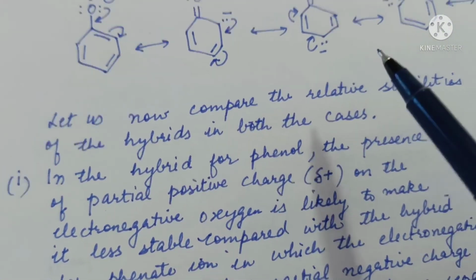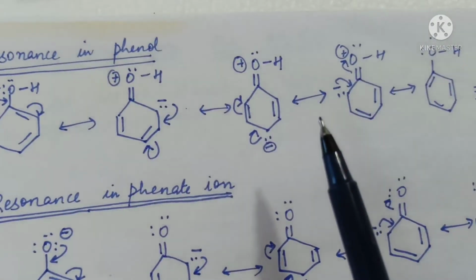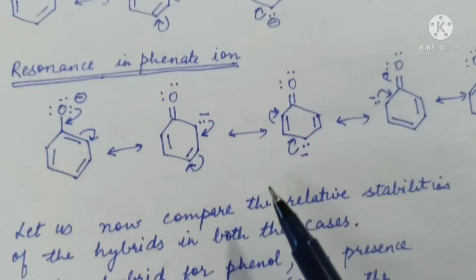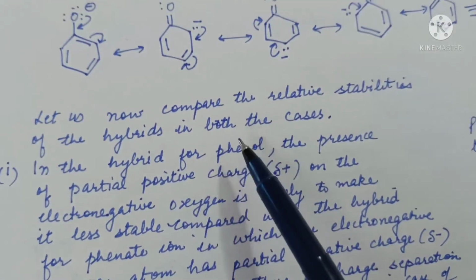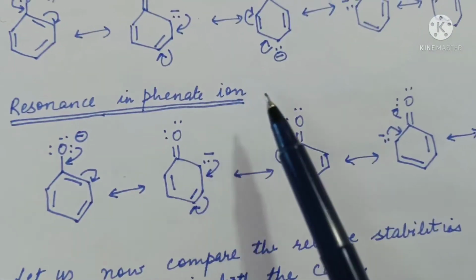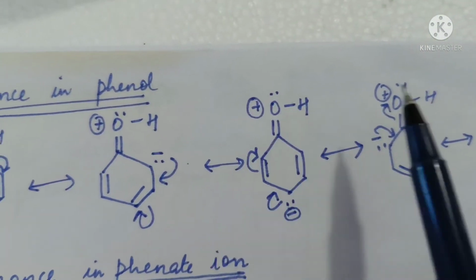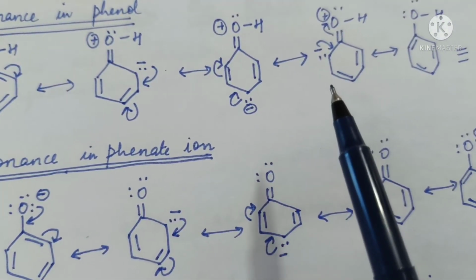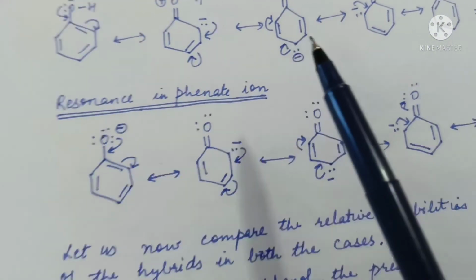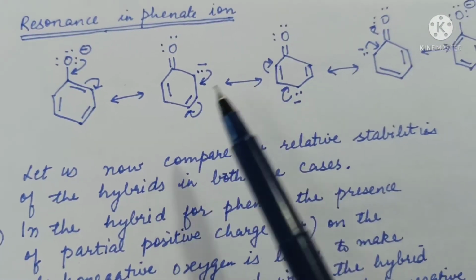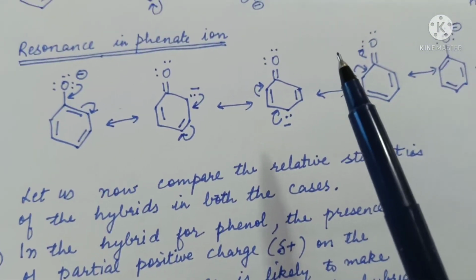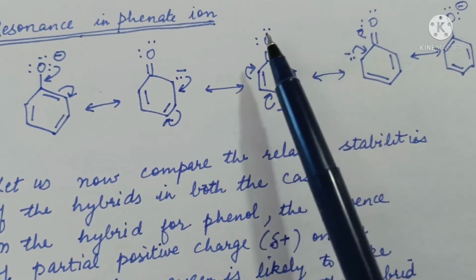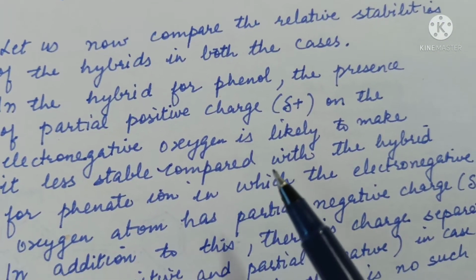So when we compare the resonating structures of phenol and phenoxide ions, in the hybrid for phenol, the partial positive charge is on the electronegative oxygen atom, which makes its contribution less towards the resonance hybrid, making it less stable than phenoxide ion, where there is no positive charge on the electronegative oxygen atom.